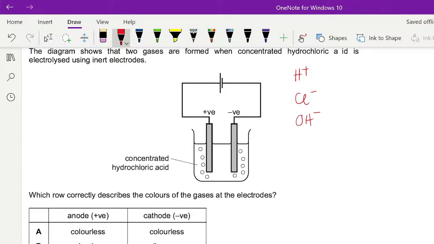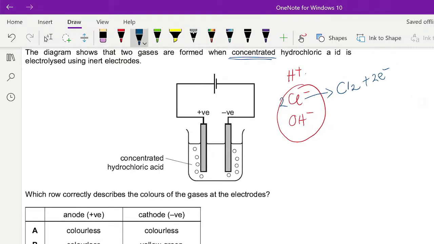Out of the two anions, because it's competition between hydroxide and halides, we always choose the halide when the solution is concentrated. So chloride becomes chlorine gas. And we have no competition for the cation, so hydrogen is our product.